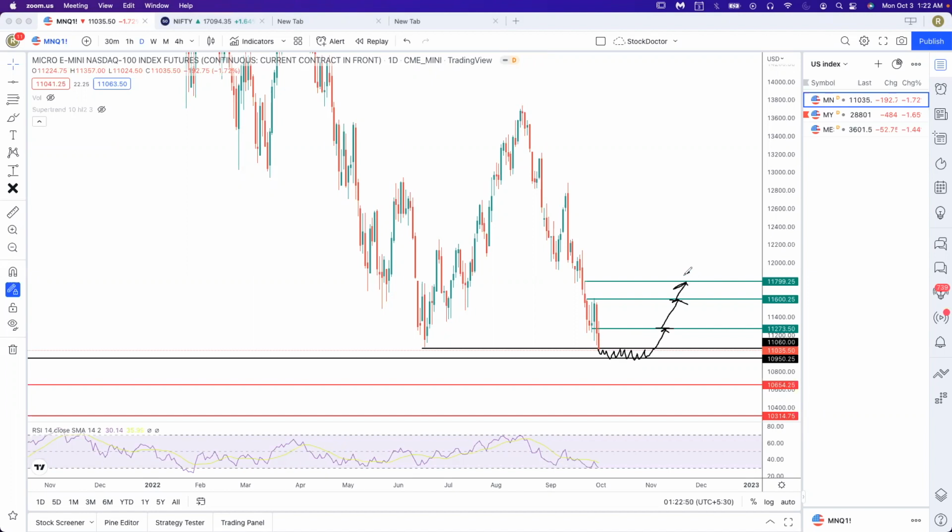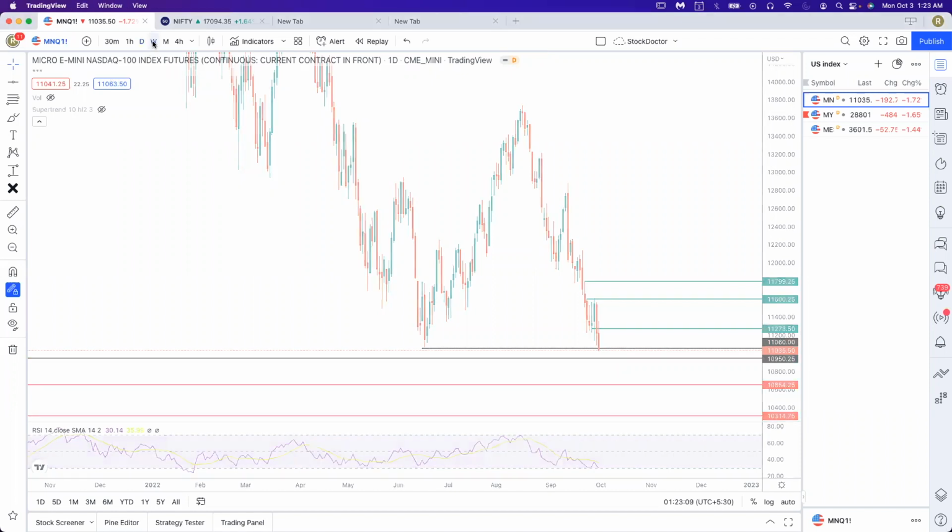These are the three targets which I am looking for. We are still in the bear market, and these upsides are just an up move in the bear market. So these were levels for the Nasdaq for the daily chart.